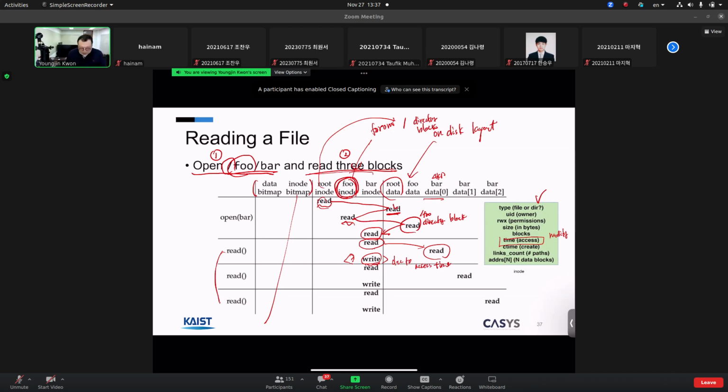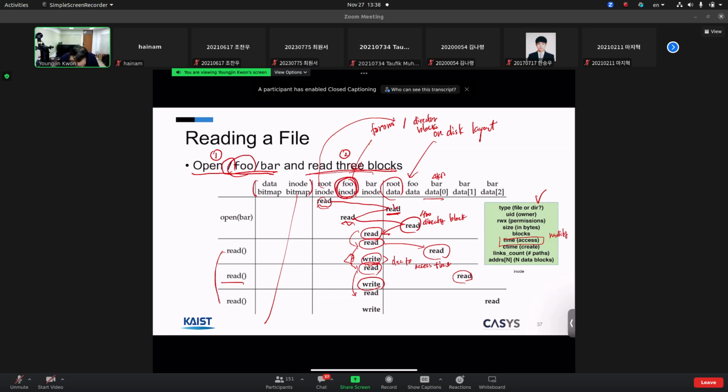Then for the second read, the call goes to the kernel, and the kernel reads the inode, reads the data blocks, and likewise writes data for the access time. Okay, so that's the thing, but this operation repeatedly reads the bar inode for every read operation.